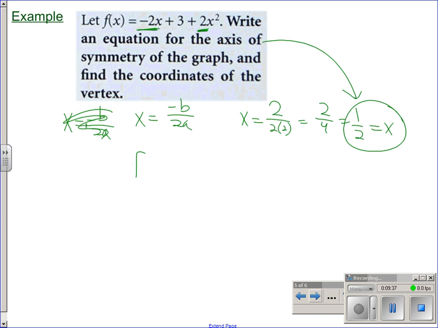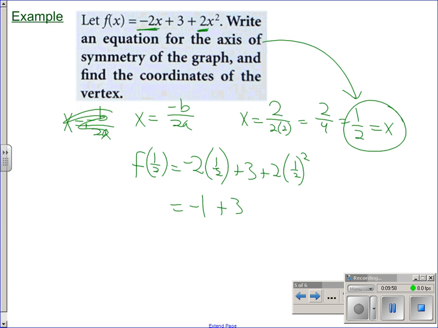So where is the y value of that vertex? Plug in that x value that we just found. So function notation, f of 1/2 equals negative 2 times 1/2 plus 3 plus 2 times 1/2 squared, which gives us a negative 1 plus 3. 1/2 squared is 1/4 times 2 is plus 1/2.